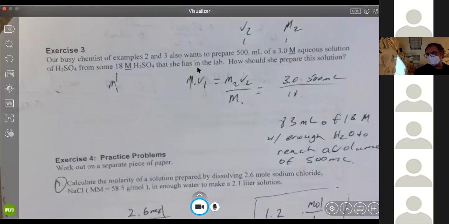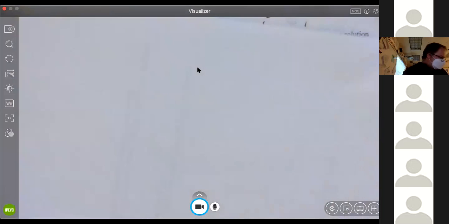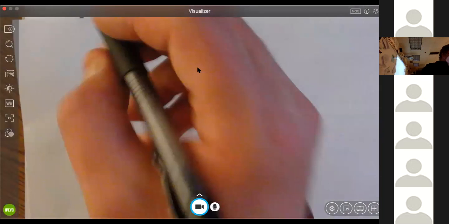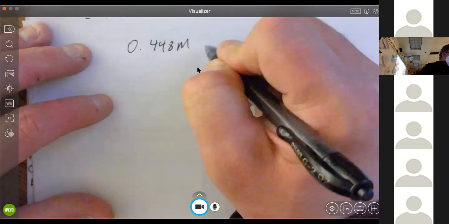Let's take a look at what this looks like in real life. So I've got this solution. It says it's 0.448 molar sodium hydroxide.